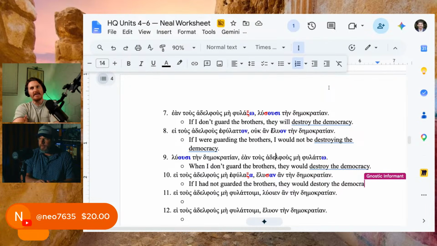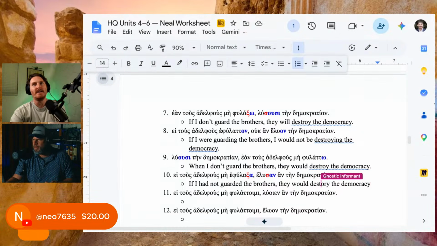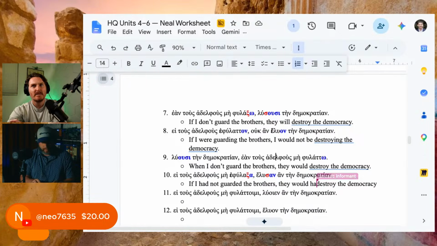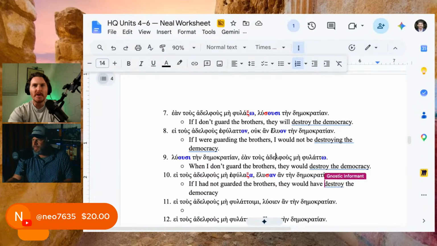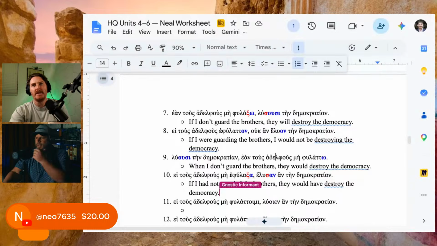Well, we got these aorists on either side, so we are in the past counterfactual. They would have. Yeah, they would have in the past. They would destroy could be future, but here we got to anchor it in the past.